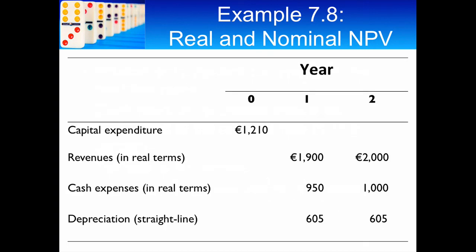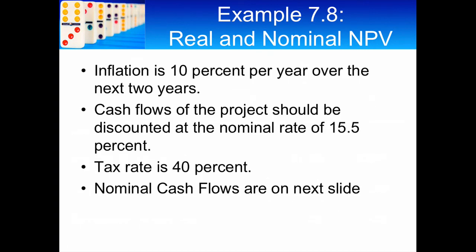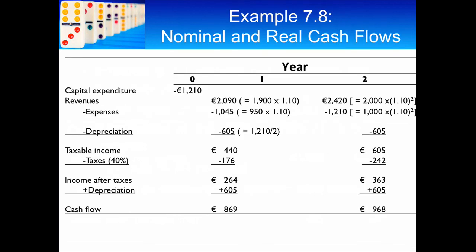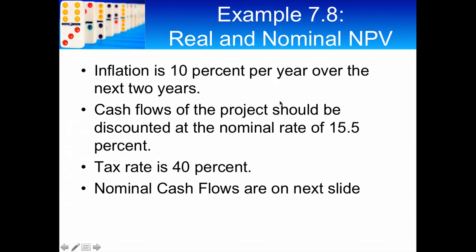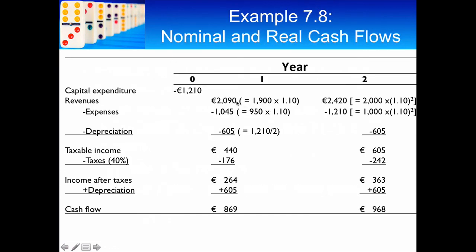And in the previous slide, these were real cash flows. So we now need to create nominal cash flows. So you see the nominal cash flows is what we're doing with the inflation rate of 10%. We have nominal revenues, nominal expenses, nominal depreciation. The taxable income is as such. We then multiply this by 40% to get the tax, and then we get the net income here.